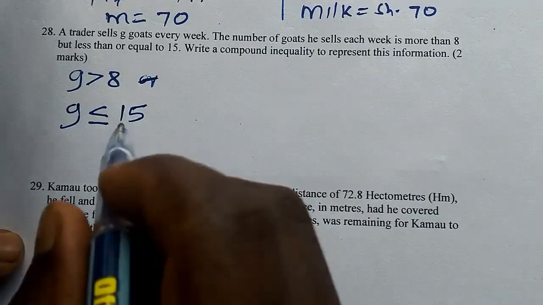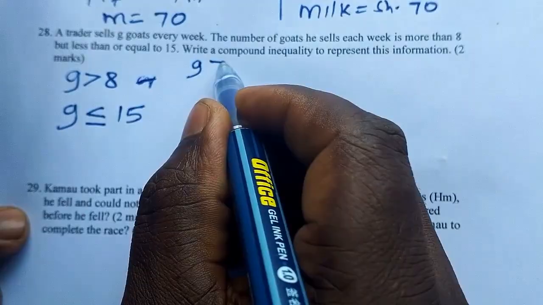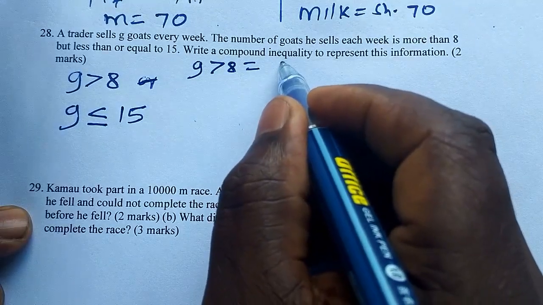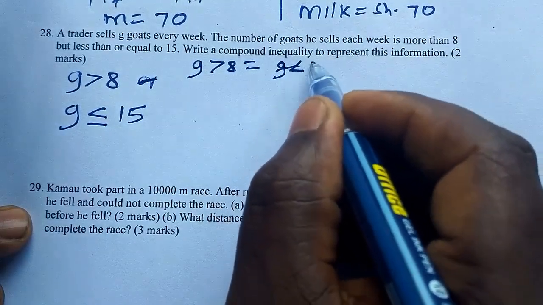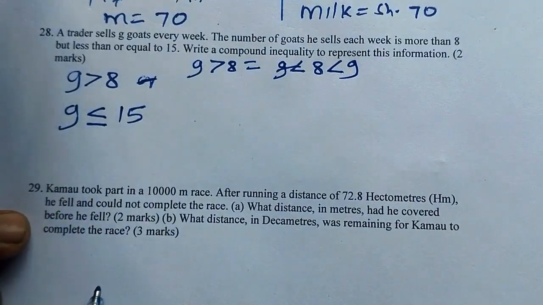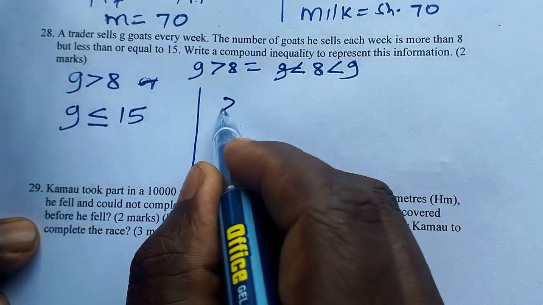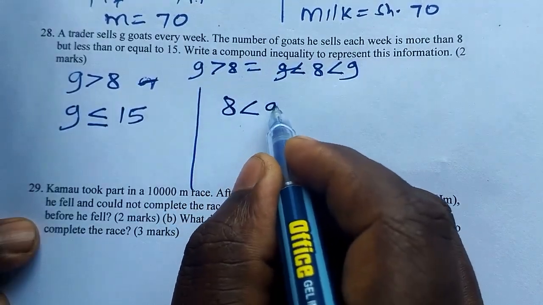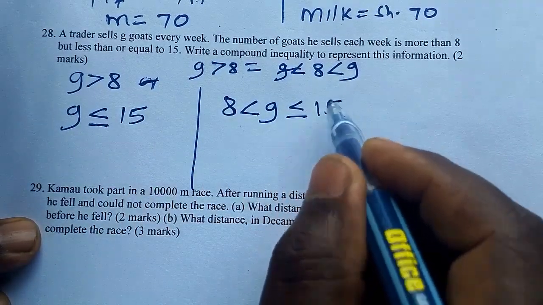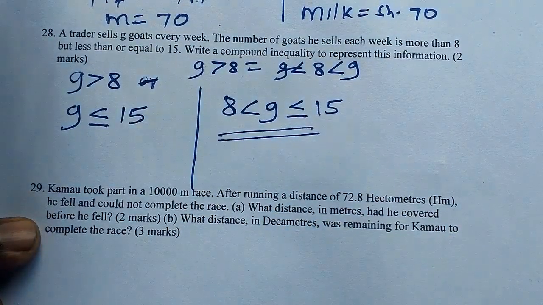But remember, G is greater than 8 is the same as 8 is less than G. You can interchange like that, right? Now we want to start with 8. So we will say 8 is less than G, and G is less than or equal to 15. So this one is called a compound inequality.